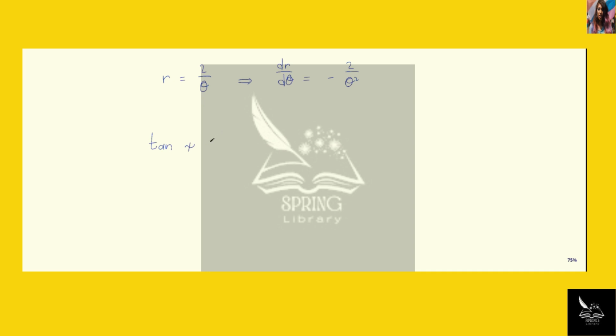Tan of psi is equal to r over dr d theta, which from above is simply 2 over theta divided by minus 2 over theta squared. And so this simplifies to minus theta.